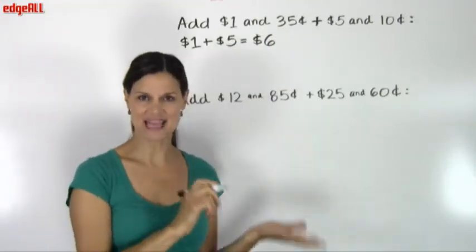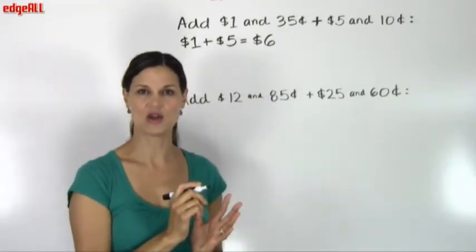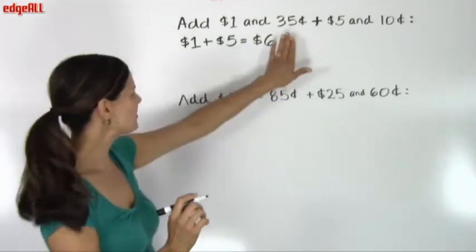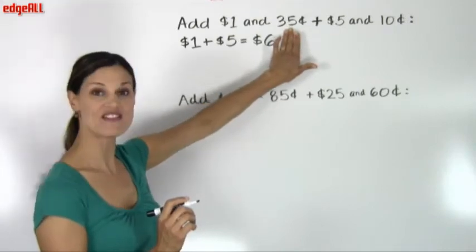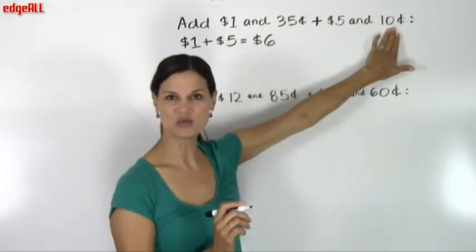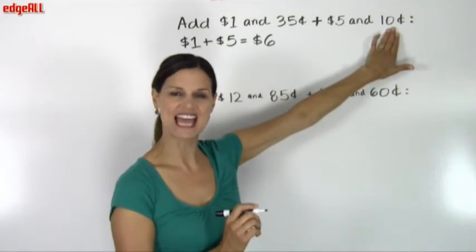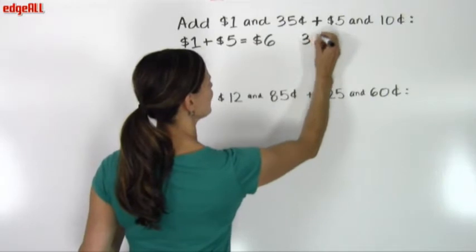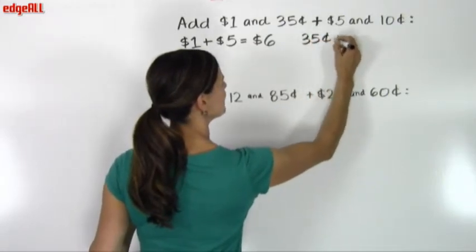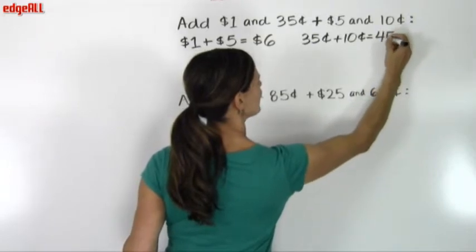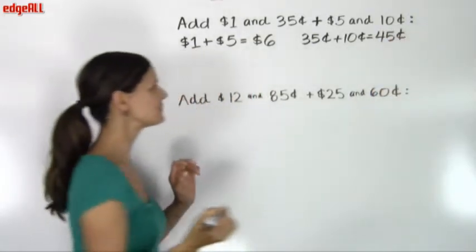And then, separate from that operation, we're now going to look at the cents. So now I'm going to take the 35 cents and add that to the number that's written in the similar units of cents, 10 cents. So I can do 35 cents plus 10 cents equals 45 cents.